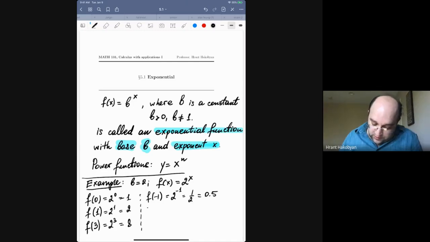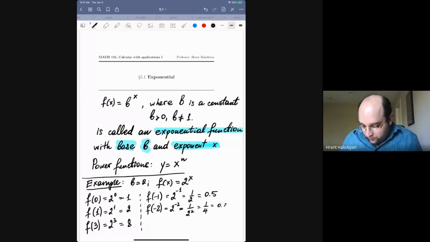And if I take f(-2), that's 2 to the power negative 2, or 1 over 2 squared, so that's 1 over 4, or 0.25.